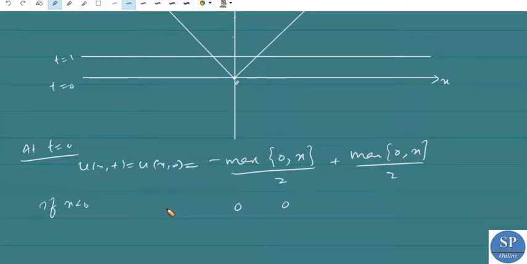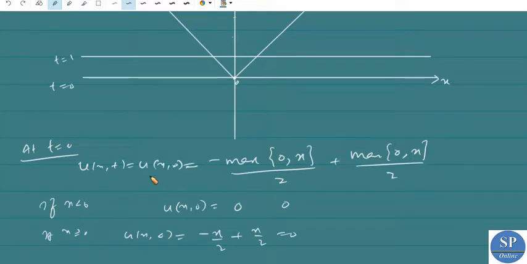So u of x,0 is equal to 0 when x is less than 0. If x is greater than or equal to 0, the maximum is nothing but x, so minus x by 2 plus x by 2, so this is also 0. So for any x between minus infinity and infinity, the value of u is 0.